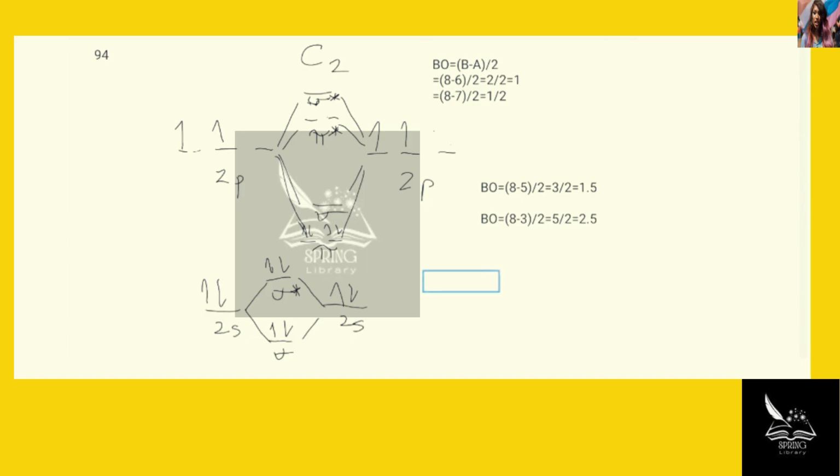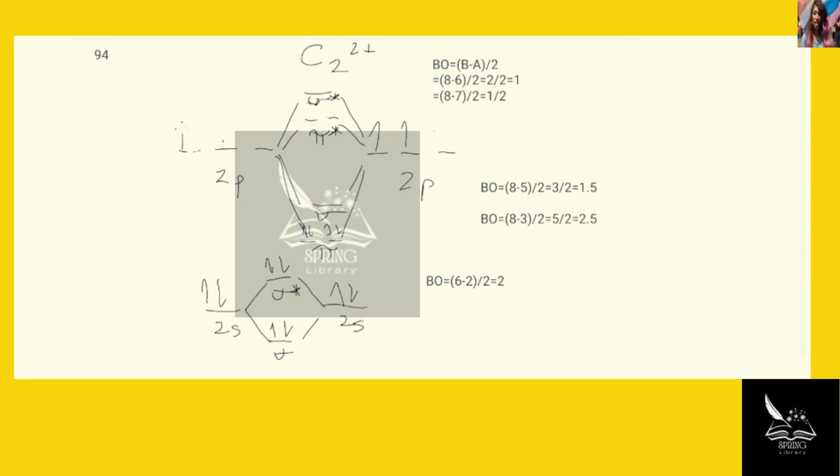Then let's calculate the bond order. We do bonding minus number of antibonding, divided by 2. So that's 4 divided by 2, which gives us 2. And then we're just going to do C2 2+. For 2+, we took away 2 electrons.